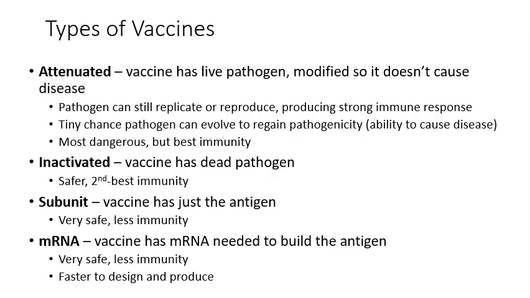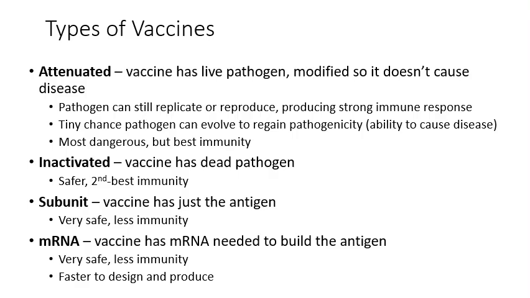So that makes it the most dangerous kind of vaccine, and we don't really use attenuated vaccines anymore. The plus side is, though, that because the vaccine contains an actual living virus that can replicate in host cells, you have a really strong immune response to this kind of vaccine, and you usually get immunity that lasts for your whole life. So the best immunity possible is from an attenuated vaccine, although it's also the most dangerous kind of vaccine.